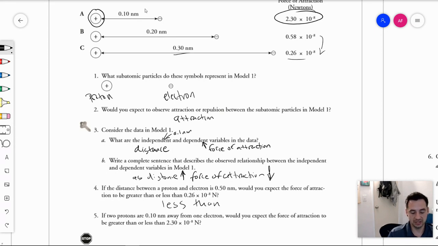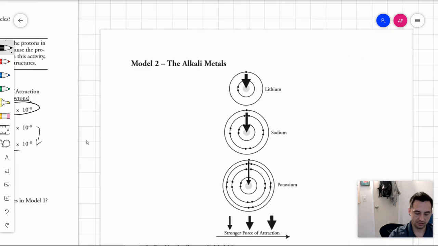So what would you guess? It doesn't matter if you got this right or wrong because it's a guess. However, if we do increase the number of protons, we increase the attraction. Okay, and that's actually going to play into the next part. Not right now, but very soon.